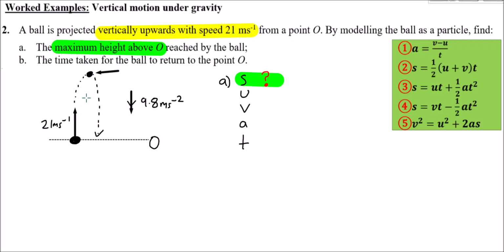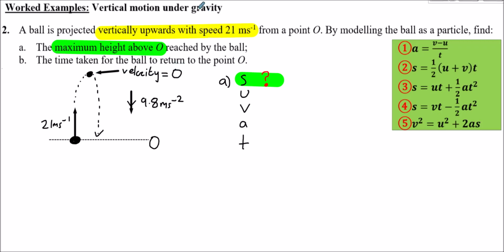It's momentarily floating in the air with no speed. It's gone all the way up, but it's not yet fallen down. So at this point, the velocity is equal to 0, and we can fill this in.